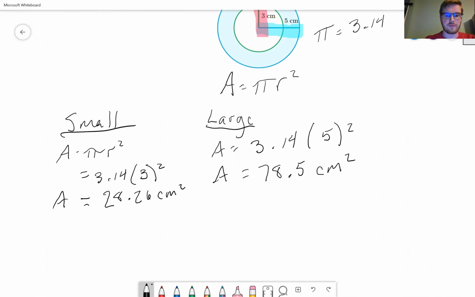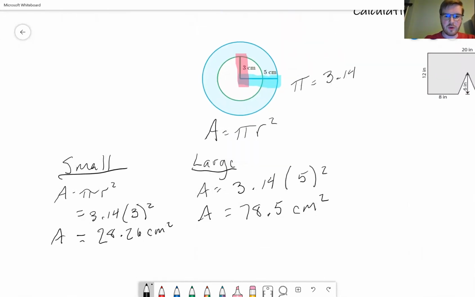Now we want to find the area of this space that I just colored in. If you look at it, that space between the two circles looks like a donut or a tire. That middle section has been pulled out, it's been taken away. And in math, whenever we use the words take away, we can use the operation of subtraction. So we're going to take those two areas, the larger one and the smaller one, and subtract them.